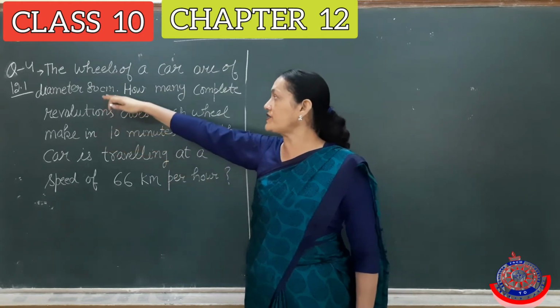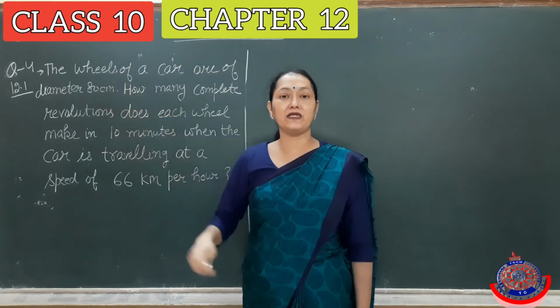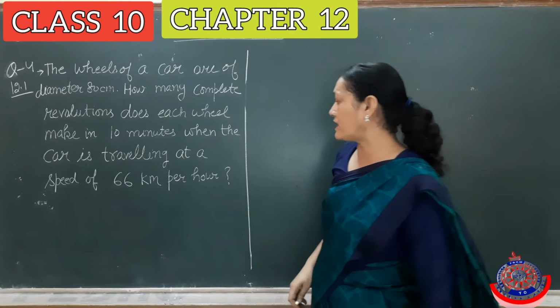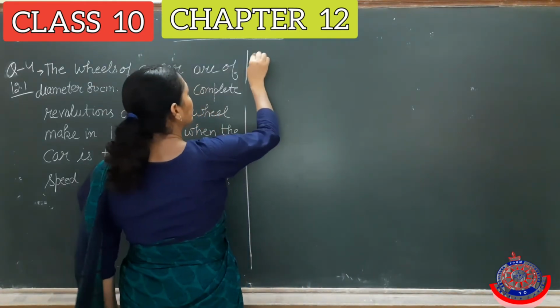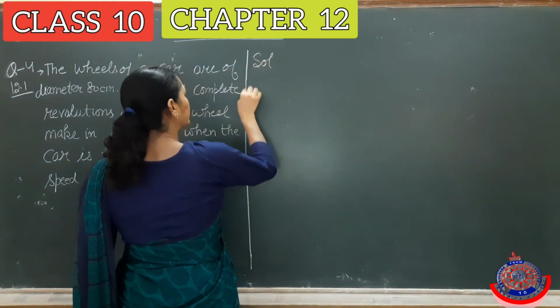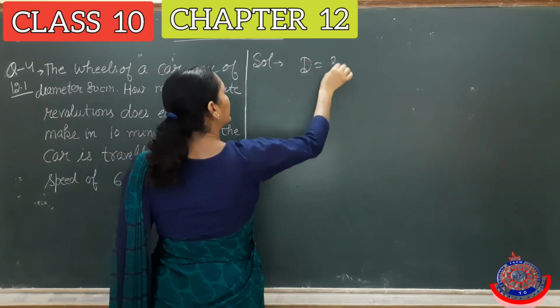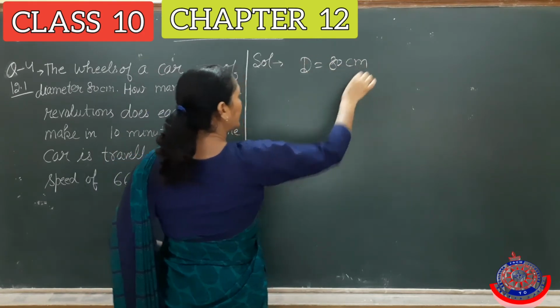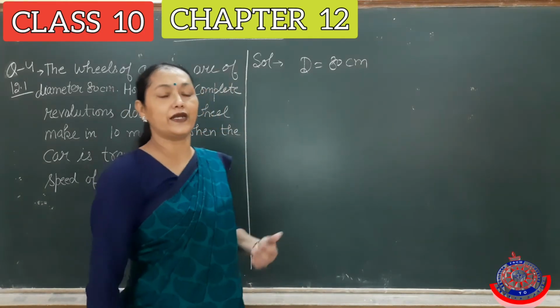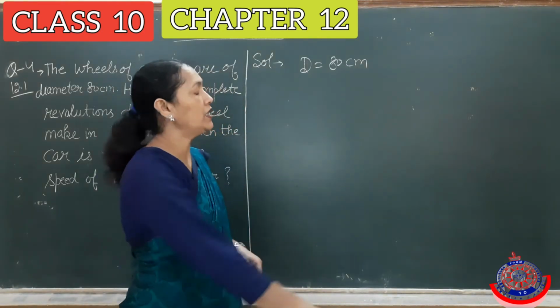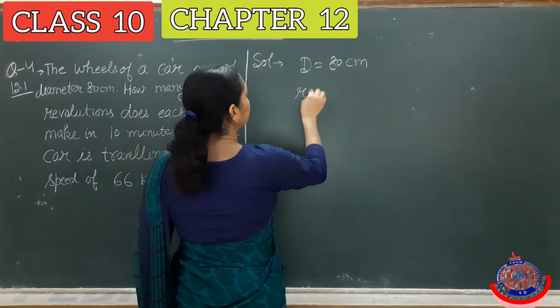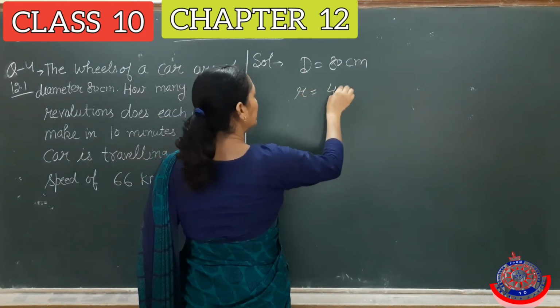So first of all, let's see diameter of the wheel. Wheel means circle. So diameter of circle is given to us as 80 centimeter, and we know that radius is half of diameter. So radius will be 40 centimeter.